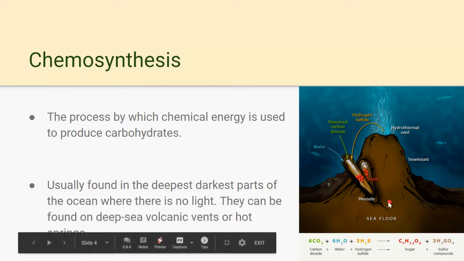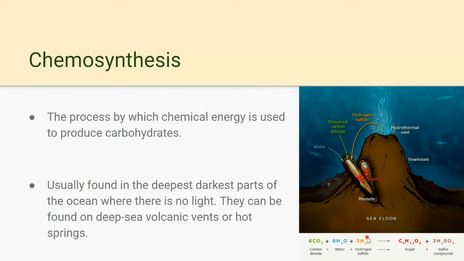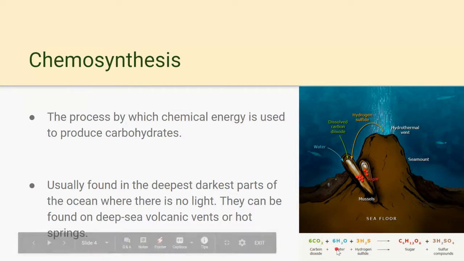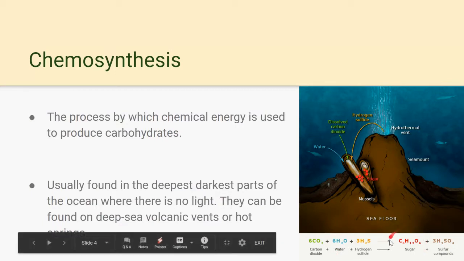So if you think about this mussel on the seafloor, it can't get light from the sun, so it has to find another way to create sugars or to create food. Essentially, they take water and oxygen and hydrogen sulfide from these deep sea hydrothermal vents, and they take that and change the carbon dioxide and the water into sugars.